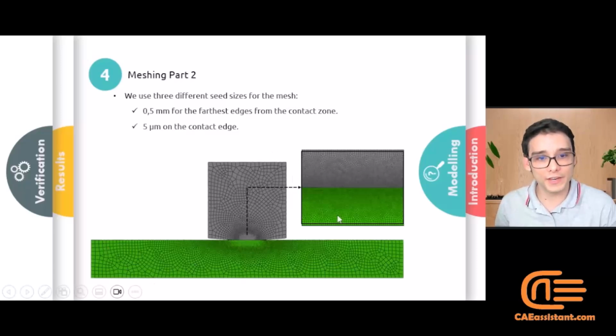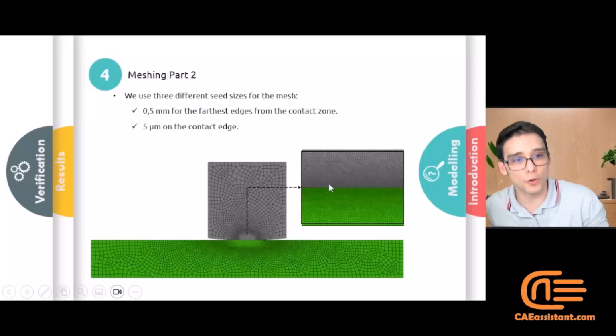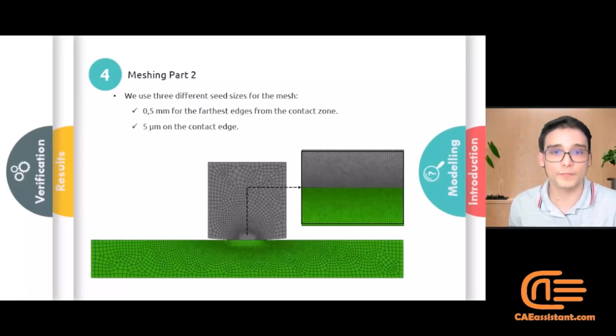As you can see, on the farthest part of the mesh, we have really big elements, 0.5 millimeters, and near the contact zone they are really small, in this case 5 micrometers in size.